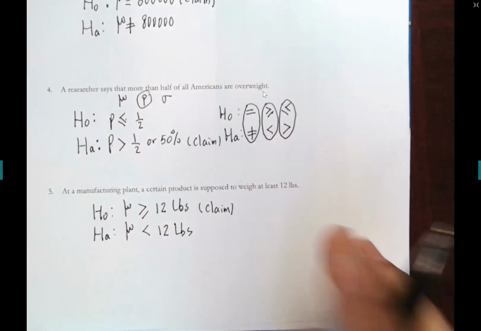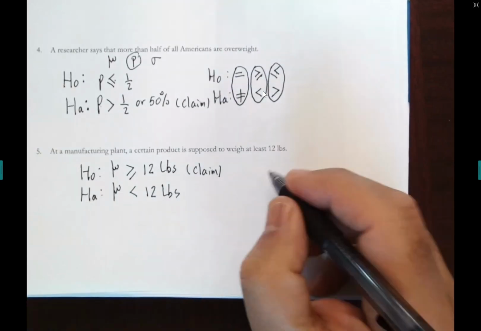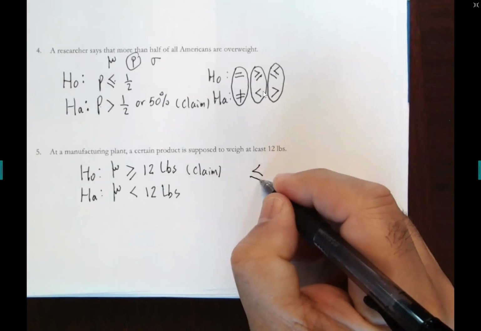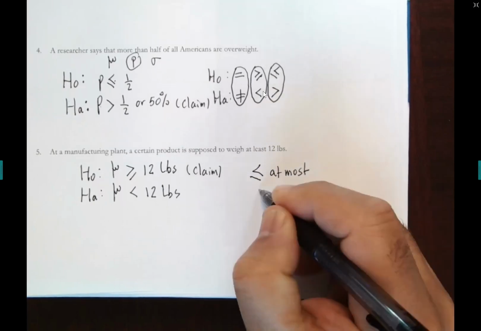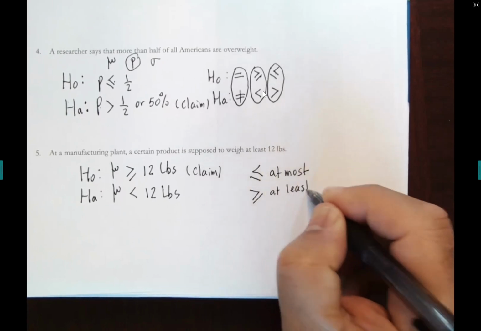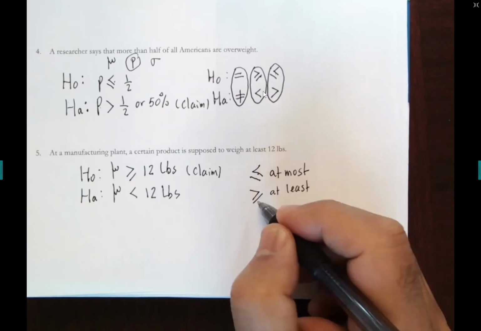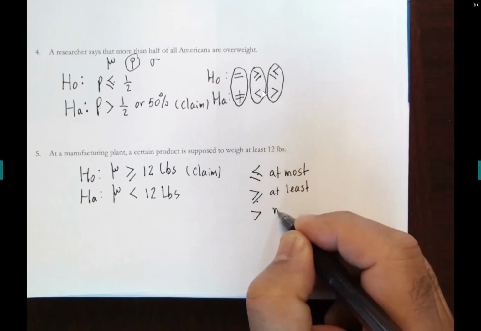Okay, before I move on, let me just put those signs and make sure that you guys, if you see this, that means at most. And this one means at least. It is less than or equal to, this is greater than or equal to. And for sure, guys, you know that this is more than, and this is a less than.